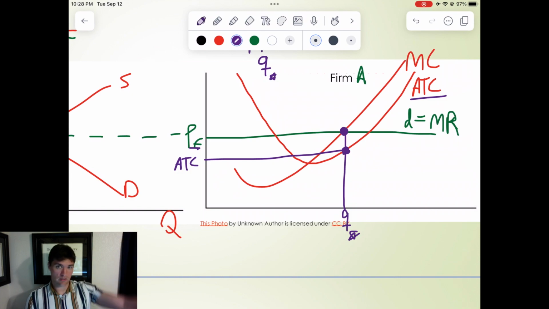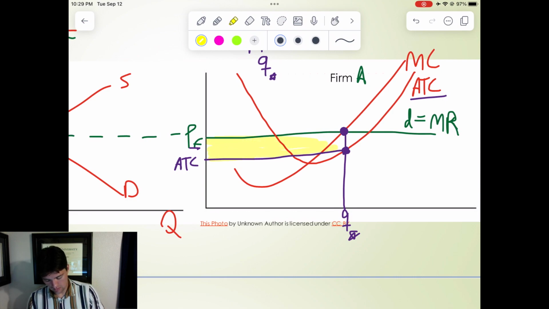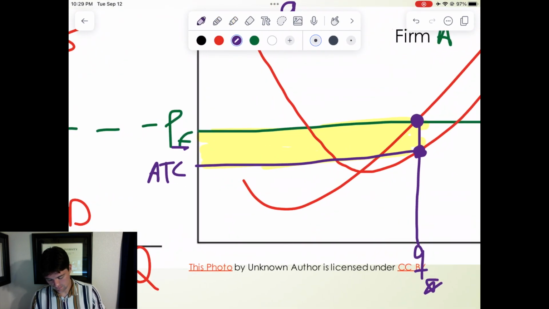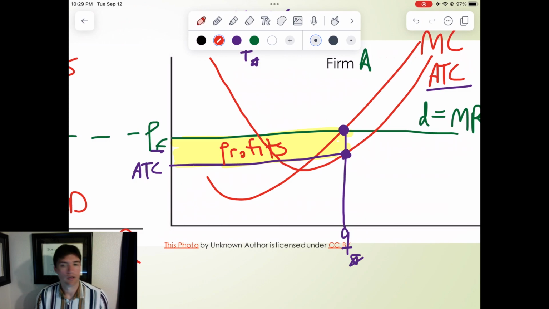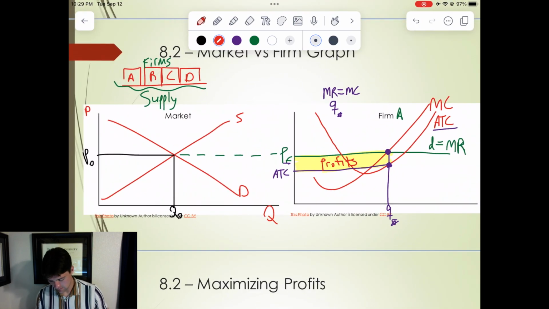That quantity right here, straight up, that's your price and that's your ATC. So this area right here, this shaded area, is your profits. Notice that I'm not going over on a different curve. I'm going straight up on quantity. That's all I'm doing.